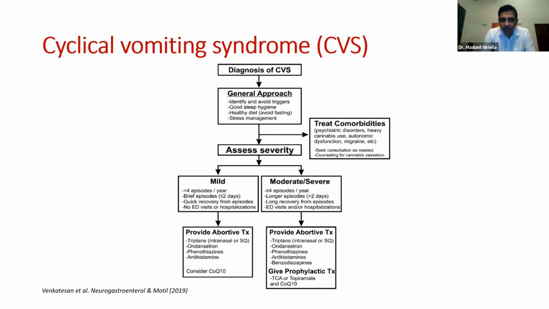So if it's mild, we can manage with abortive therapy: triptans, ondansetron, phenothiazine, or antihistamines. There is some evidence for coenzyme Q10, and moderate to severe episodes should be managed with abortive therapy plus prophylactic therapy with tricyclic antidepressants and also topiramate.